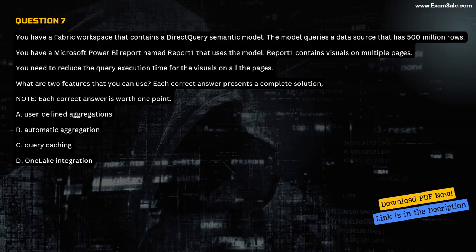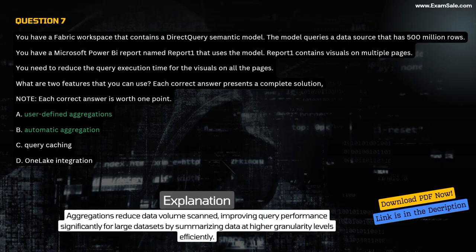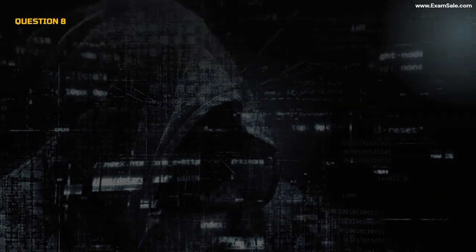B. Automatic aggregation. C. Query caching. D. OneLake integration. Correct answer: A and B, user-defined aggregations and automatic aggregation. Explanation: Aggregations reduce data volume scanned, improving query performance significantly for large datasets by summarizing data at higher granularity levels efficiently. Question 8.